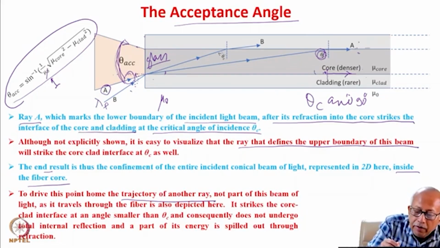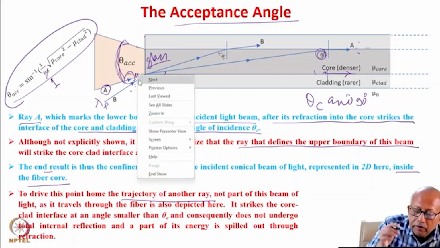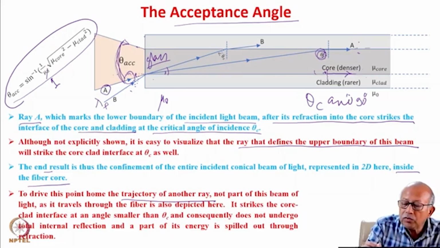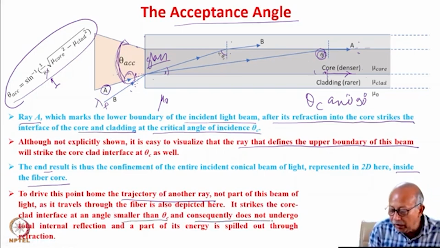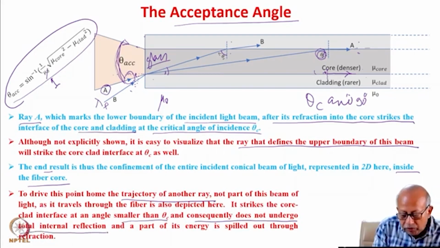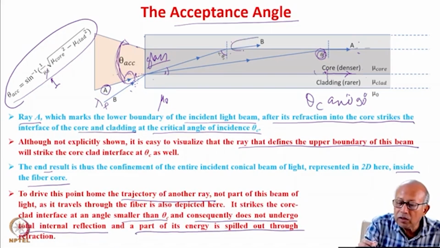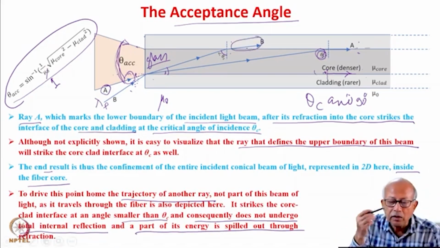So this ray is incident at an angle which is this, and therefore it will be refracted at an angle which is more than that of ray A, and therefore strike, it can be easily shown, the core-clad interface at an angle which is smaller than the critical angle, consequently does not undergo total internal reflection, and a part of its energy spilled out through refraction. A part of this energy spilled out of the core as a result of refraction.